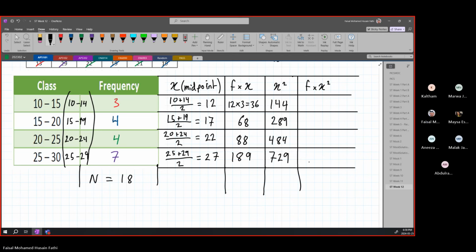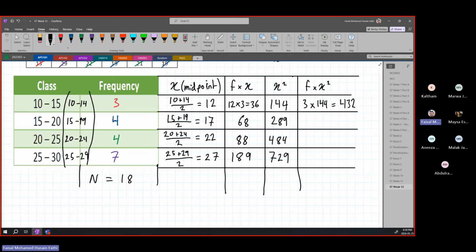And finally, we are going to multiply the frequency of 3 times your x squared value of 144 in the first case, and you will do the same for the remaining as well. So 3 times 144 is equal to 432.